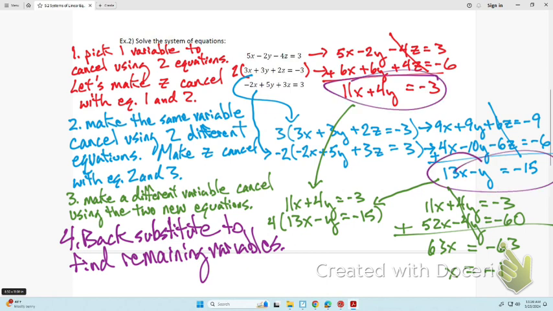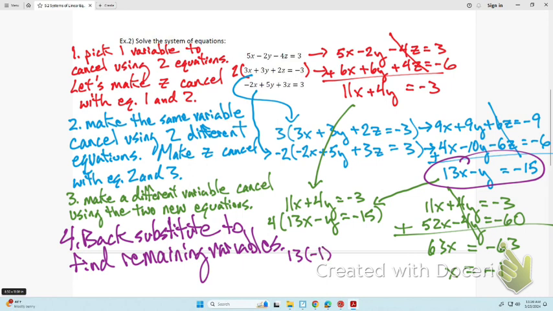Doesn't matter which, I will get the right y value. So I'm going to plug into the blue equation, and we have 13 times -1 minus y equals -15. Y equals -2, which means y is +2.